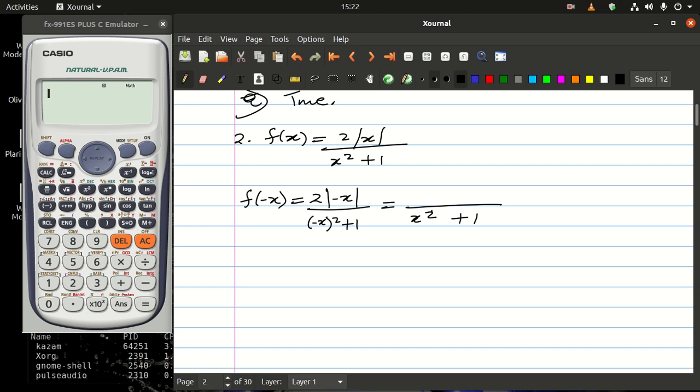Let's talk about the absolute value. Remember that the absolute value of 5 is the same as 5. Okay, let me just write a definition of this. The absolute value of x is x if x is greater than or equal to 0, and it is minus x if x is less than 0.